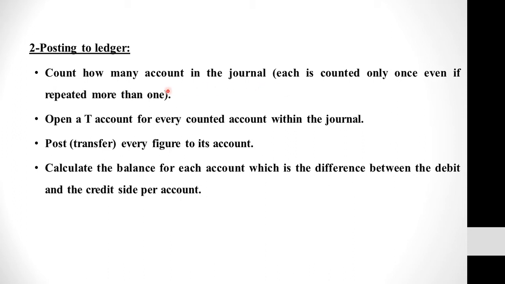So we start by counting all the accounts we have within the journal, and we make sure that we only counted each account once. Then we open a T account for every counted account. Then we post, or transfer, every figure to its corresponding account within the ledger. And finally, we calculate the balance for each account, which is the difference between the debit and the credit side per account.